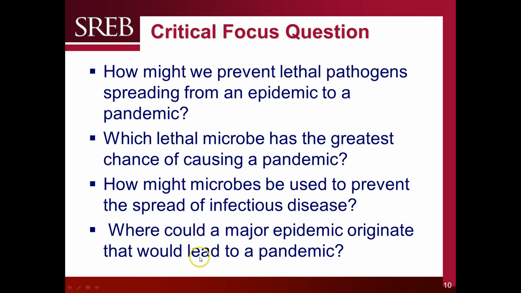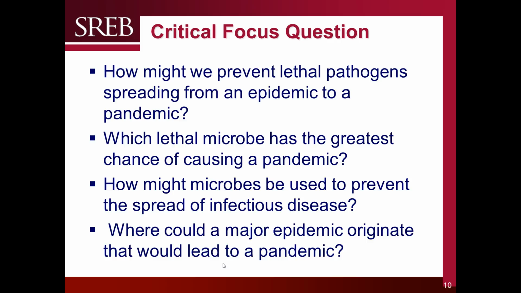And then the last question I was thinking about is, where could a major epidemic originate that would lead to a pandemic? This would actually change the focus again, where they're going to be looking at historical events. I'll probably have them research the Spanish flu, AIDS, Ebola, the bubonic plague.